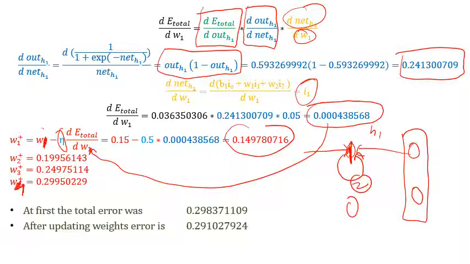Finally, when you have all your new weights from W1 to W8, if you do the forward pass again, the error will go down. At first your error was 298, now it is 291, right? This is a demonstration of how you can apply a backpropagation algorithm for fine-tuning your neural network.